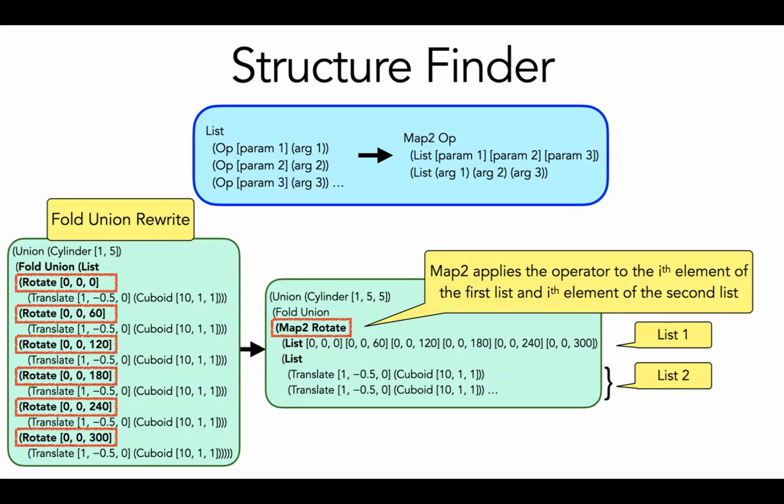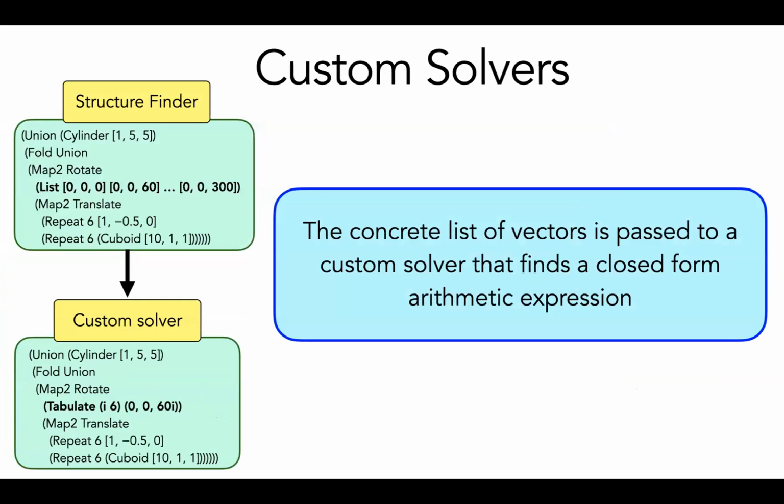Once we've pulled things into those map2s, then we have this ability to ask solvers to find patterns in the parameters to the operators. So we can figure out like, oh, well, this should really be some kind of a loop that's doing the same thing on each iteration parameterized by its index, right? So the first one will be 0, the next one will be 60, the next one will be 120, on and on up to whatever 6 times 60 is. What is that, 360 or something?